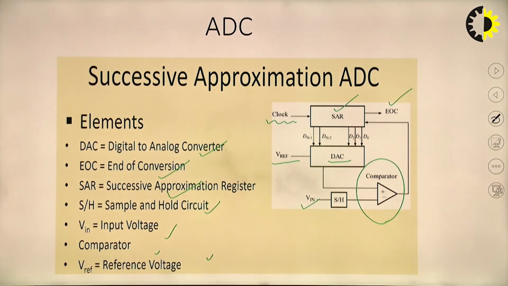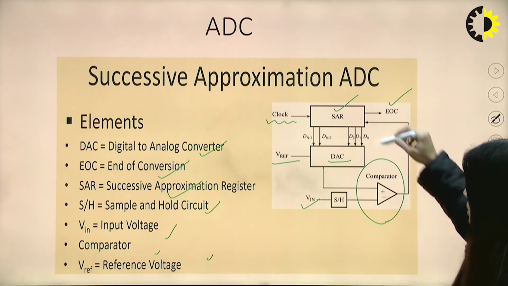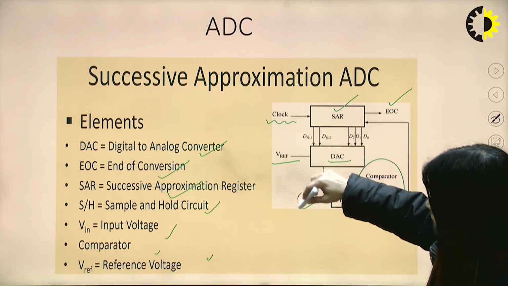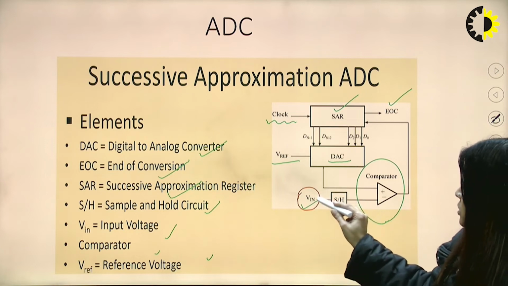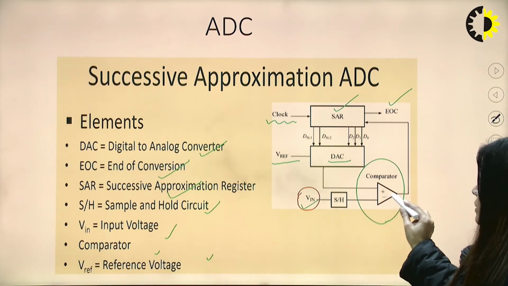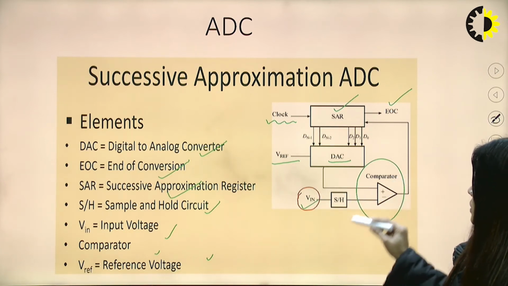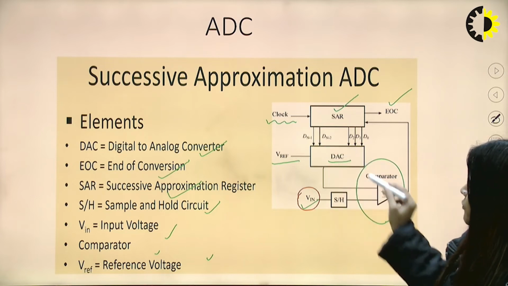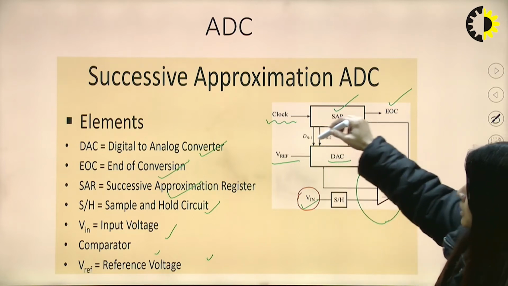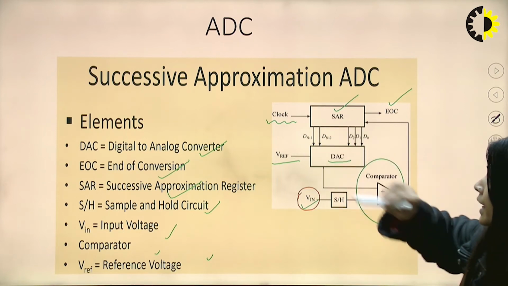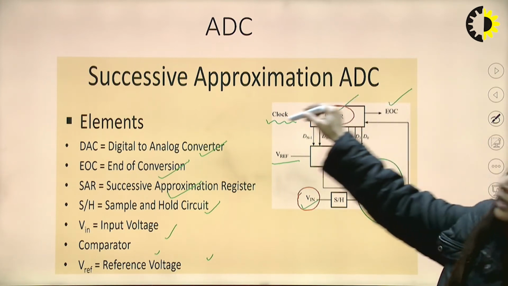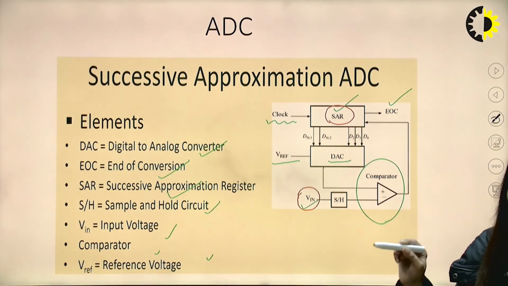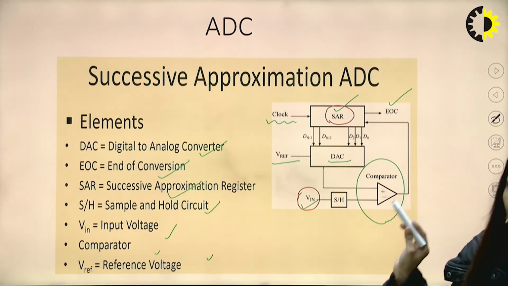So what should be the first step? Here this is the input voltage which we are giving. This goes to the comparator. Now, initially in the successive approximation register, all the bits are stored at the 0 level.